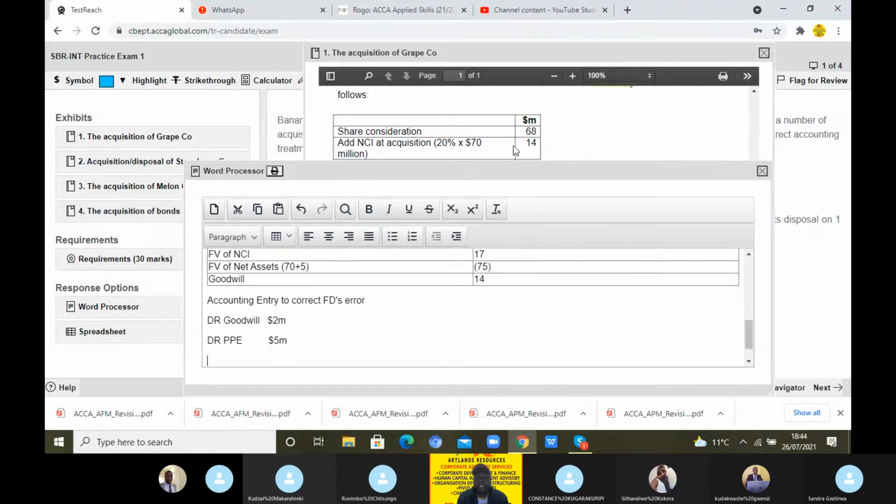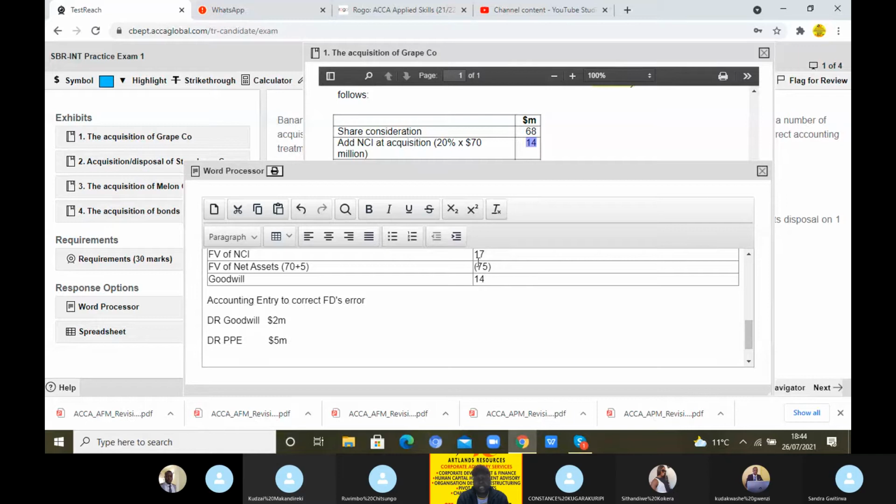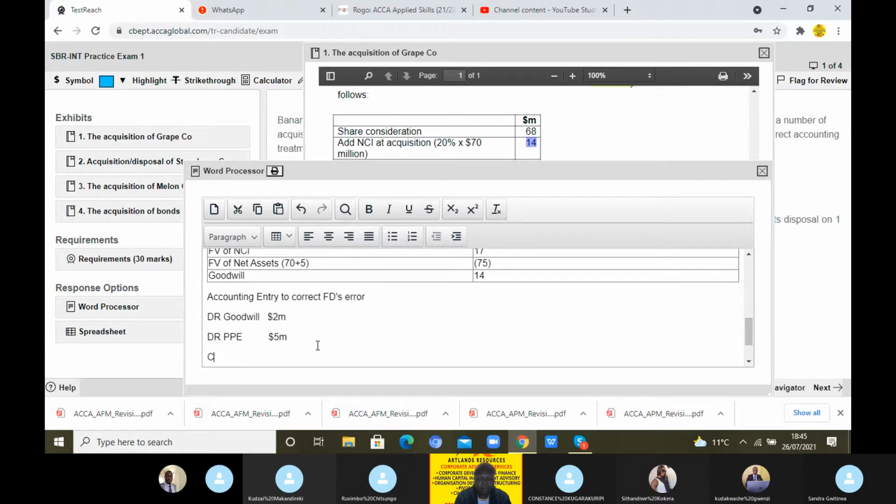NCI here was calculated as 14 by the finance director. Now we got NCI of 17. So we need to increase NCI from 14 to 17. So it's a matter of saying credit NCI, because NCI is under the equity account. So you say NCI, we are increasing it from 14 to 17. So that's 3 million.